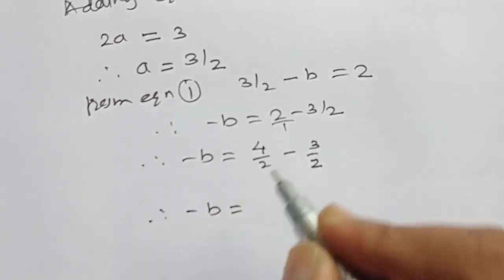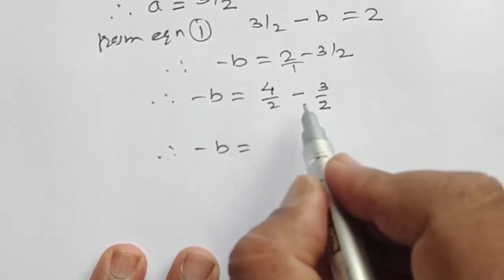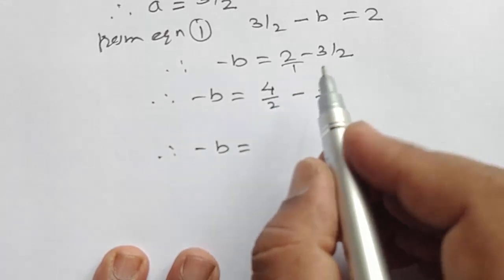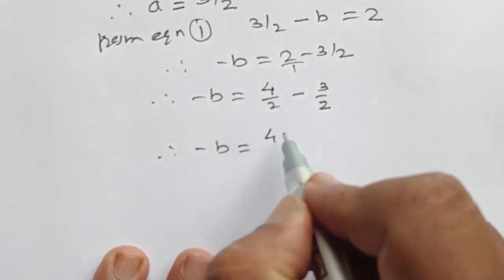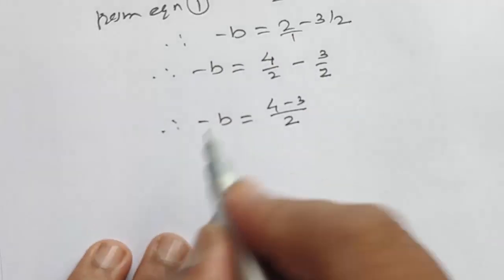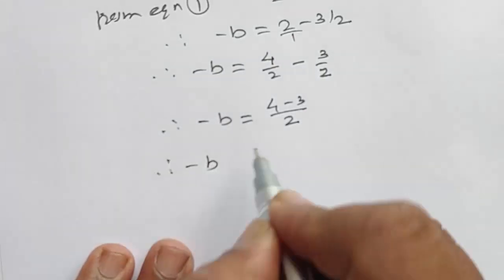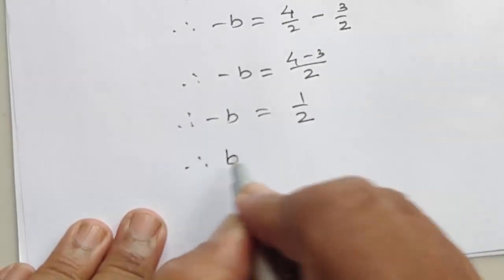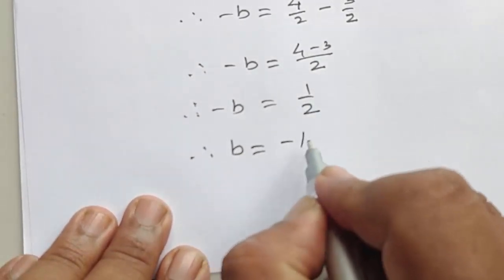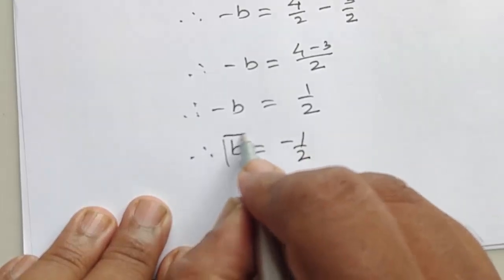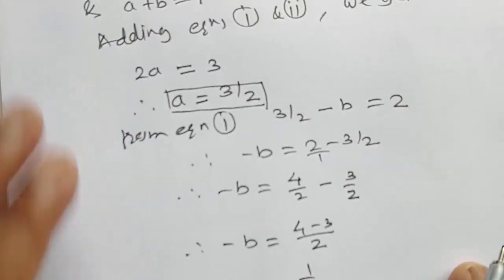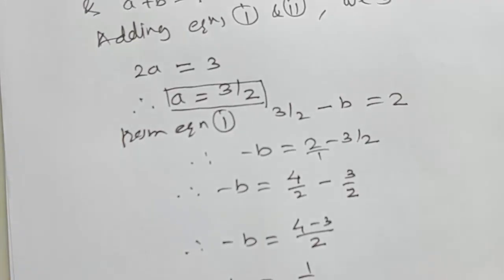Now, the denominators are the same, 2, 2, so it is a subtraction of the numerator, 4 minus 3 upon 2. So, minus b is equal to 1 upon 2. Therefore, b is equal to minus 1 by 2, which is the value of b. Value of a is 3 by 2. So, these are the values, that is all.